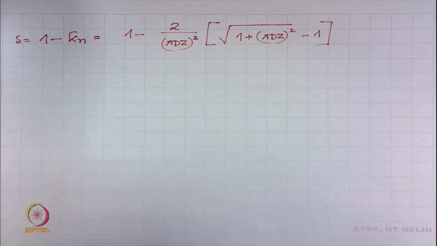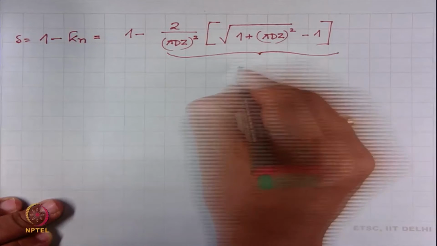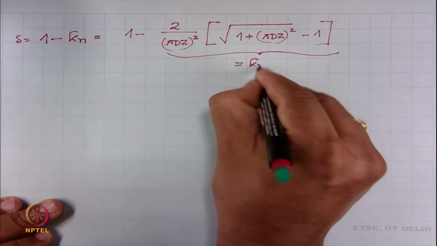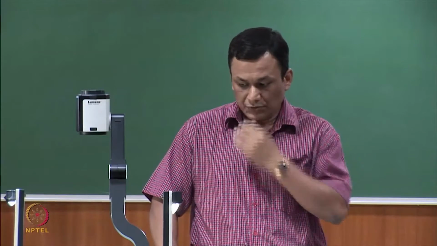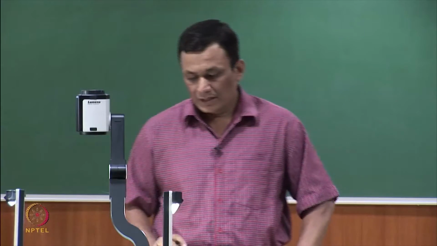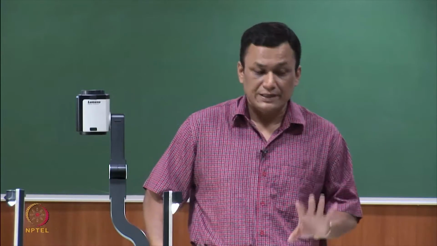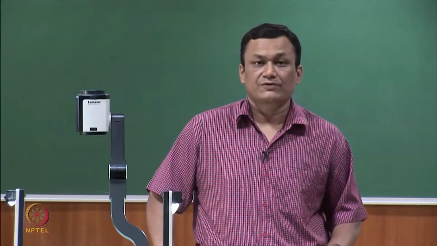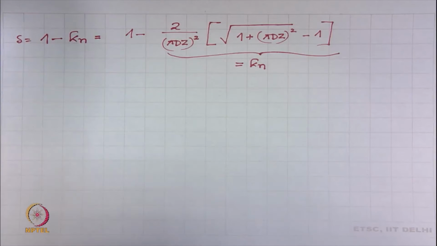So, this K n we derived in the last class. Okay. Now, we need to work on this expression, so that we find a measurable expression for yarn retraction delta. How we do it?